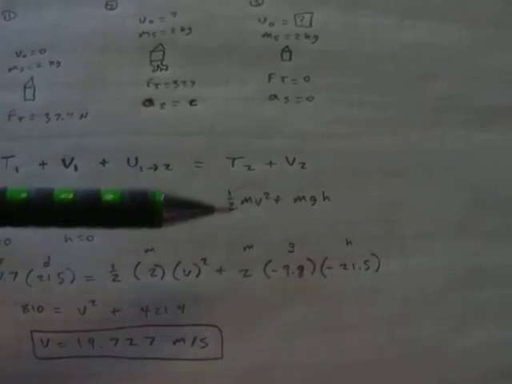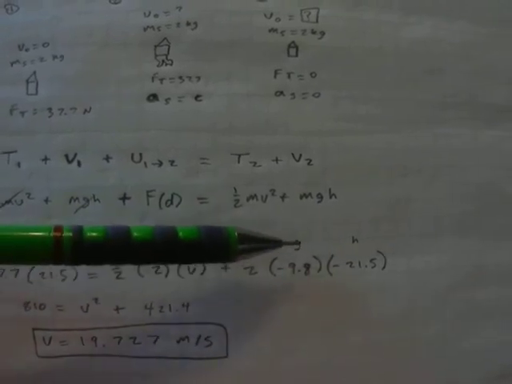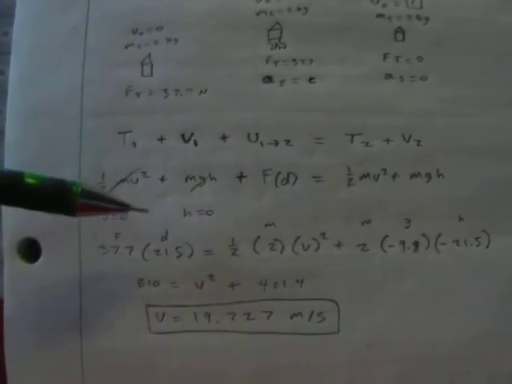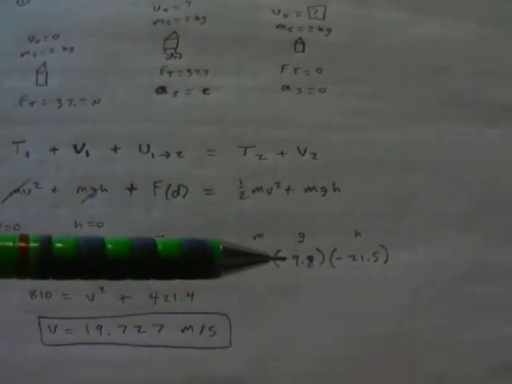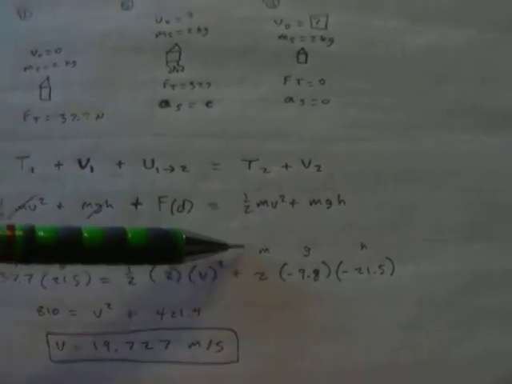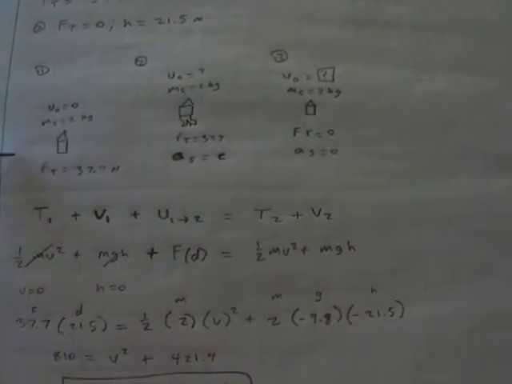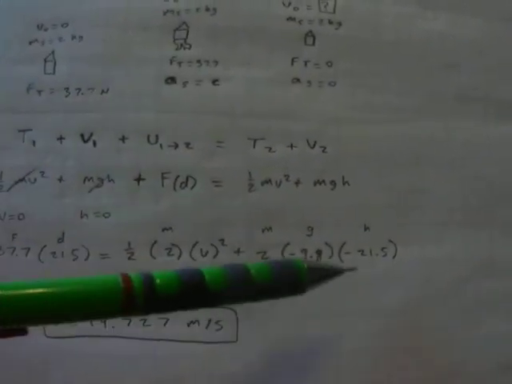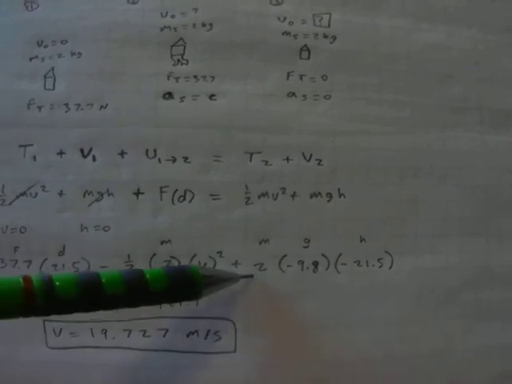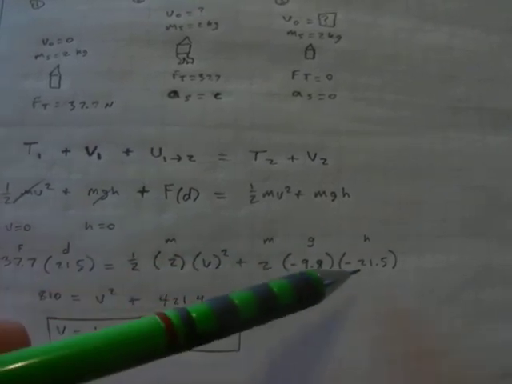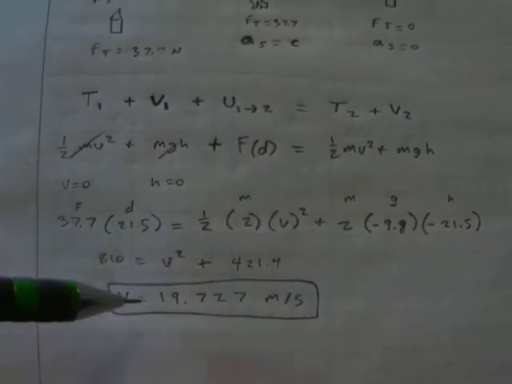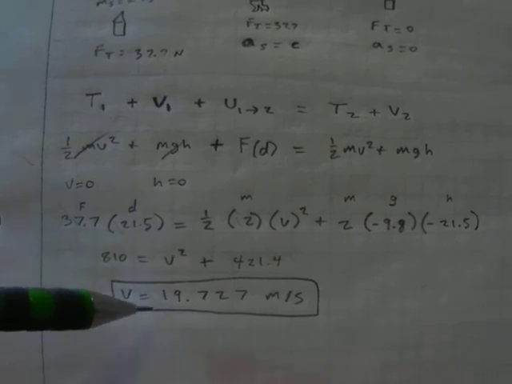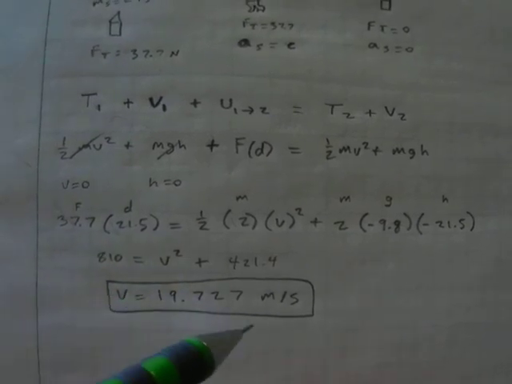Intuitively, since your initial potential energy is 0, your final potential energy would have to be higher because the rocket is higher than it was at position 1. That number would have to be negative because mass can't be negative and gravity is negative, so we get a positive number there. Then when we do our calculations and isolate our velocity, it equals 19.727 meters per second.